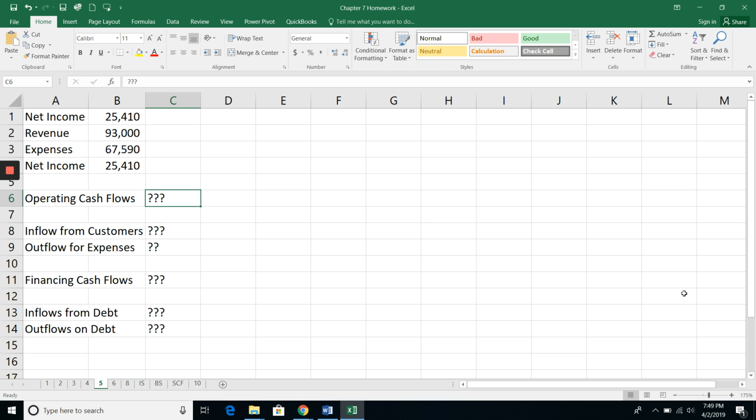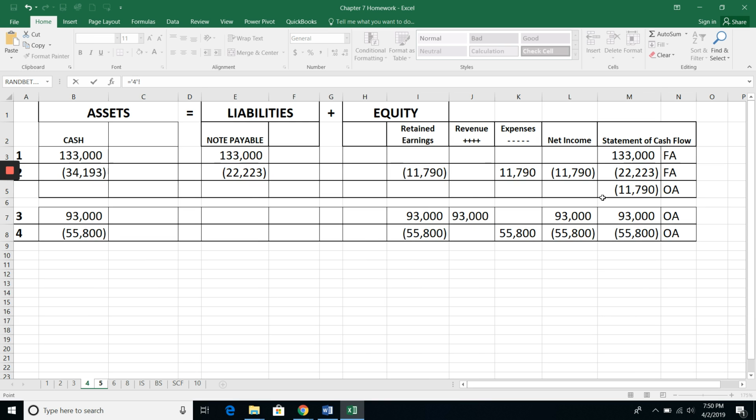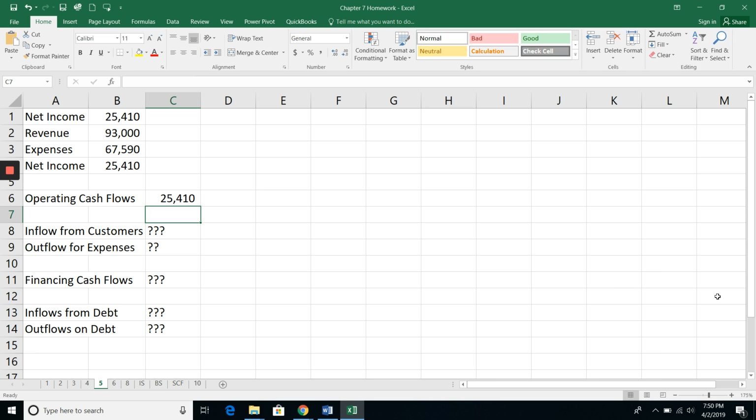Our operating cash flows. What was our cash flow from our operating activities? Well, we can look at our framework again and just pull in those couple of items. We had a positive inflow, cash that we would receive from our customers. We had a negative going out for our interest expense. We also had a negative going out for our operating expenses.